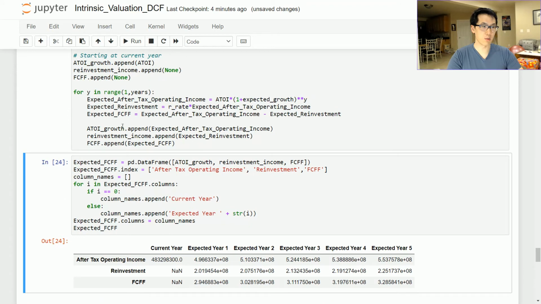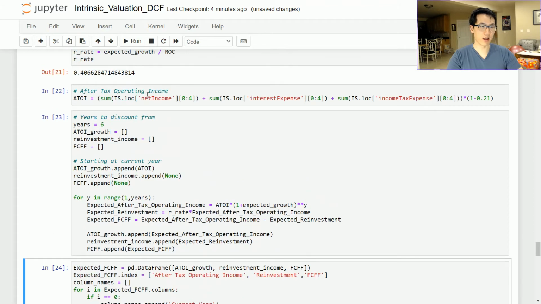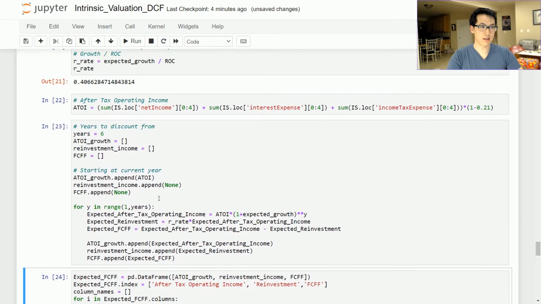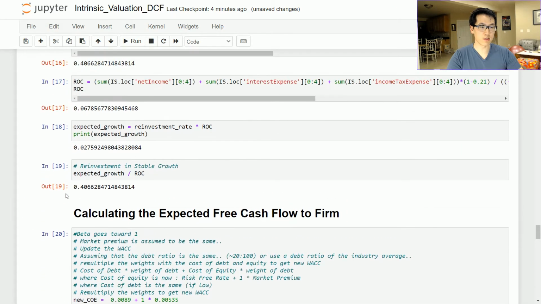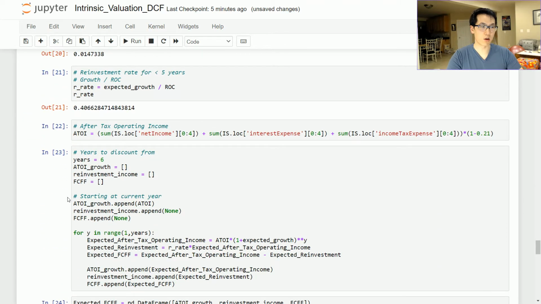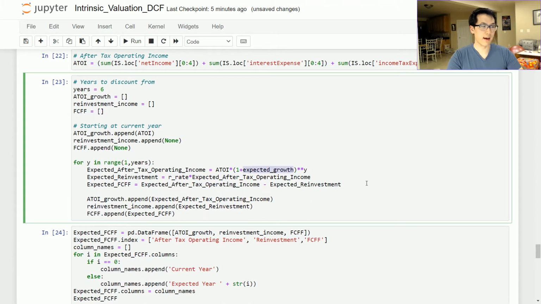Within this for loop, I have my after-tax operating income, which I calculated up here, and from here I essentially grew at that rate of, I think it was like 2.6%, expected growth of 0.027. That is the growth rate that I'll be using for projecting my cash flow.